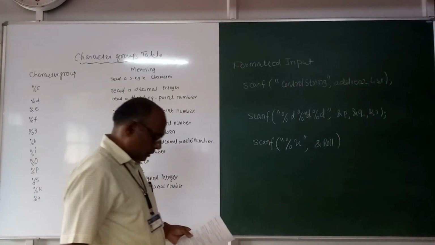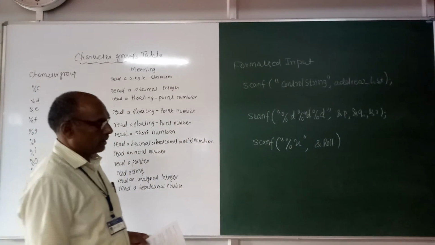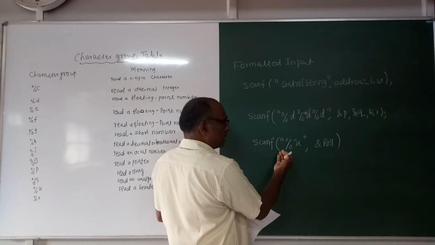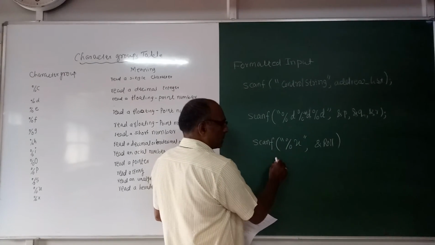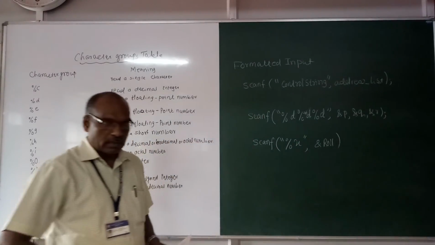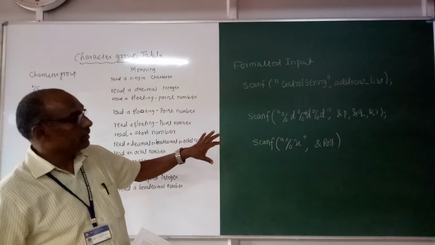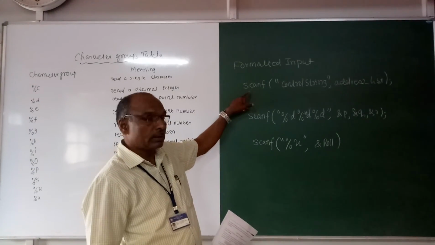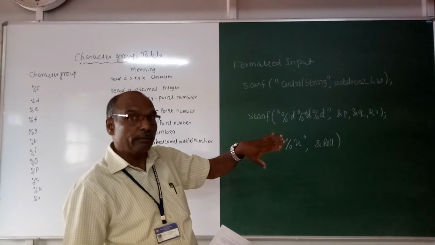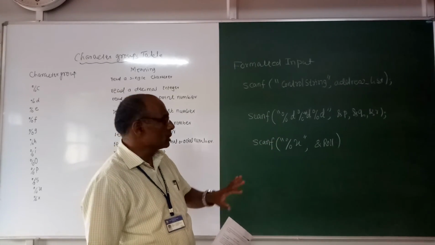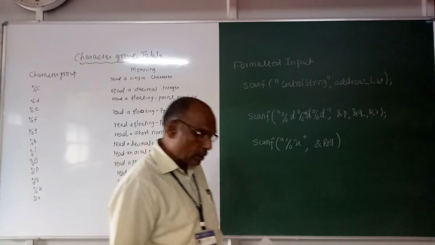Fine. So this will accept an unsigned number. Even if you feed a signed number, it will not accept. It accepts only unsigned. Okay, this is about how to write a formatted input using a scanf function, that is integer, and different categories or different examples, possibilities which we have discussed here.